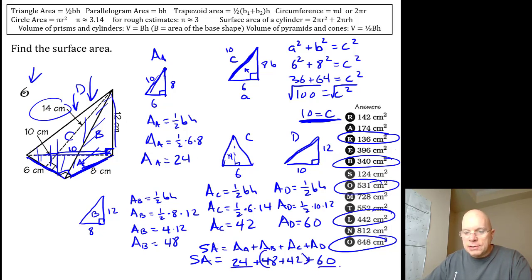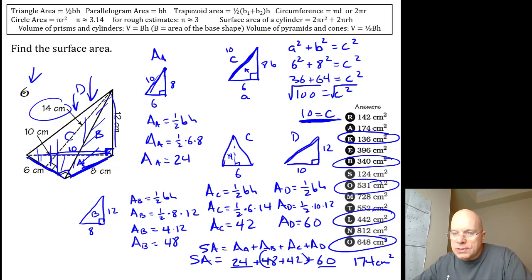And 90 plus 84 is 174 centimeters squared, which is the A up here.